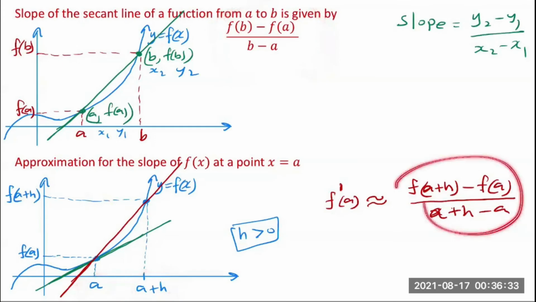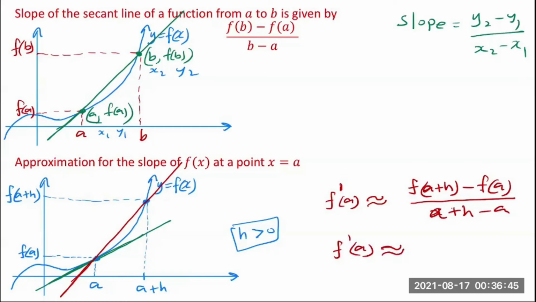So this is what you get. Of course, you can cancel this A and minus A. Then you get, f prime of A is approximately equal to f of A plus H minus f of A divided by H.